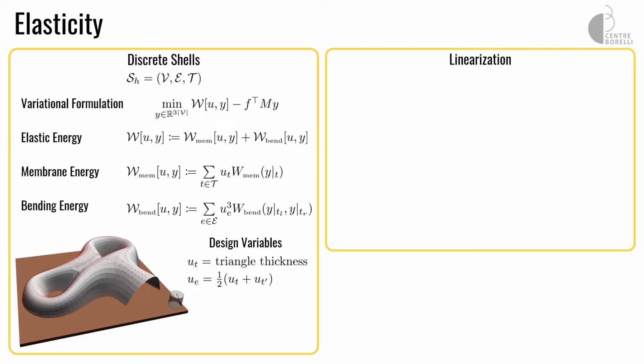What's the intuition about this minimum over Y? The solution of your mechanical problem, the displacement, is given as the minimum of the total elastic energy plus a force term.